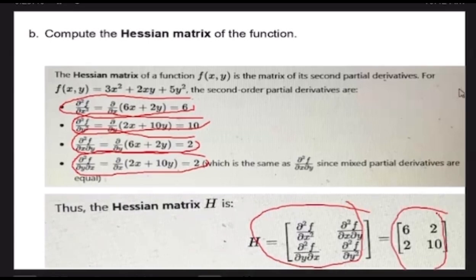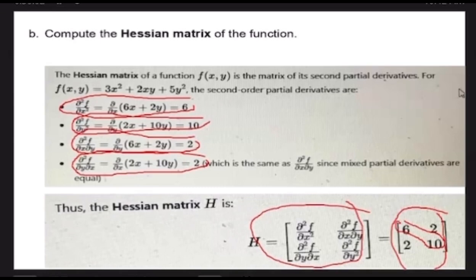Now, let me tell you this. You look at the elements in the diagonal. Can you see that? The elements in the diagonal, 6 and 10. That's positive definite, right? And positive definite indicates that it's convex. Okay?